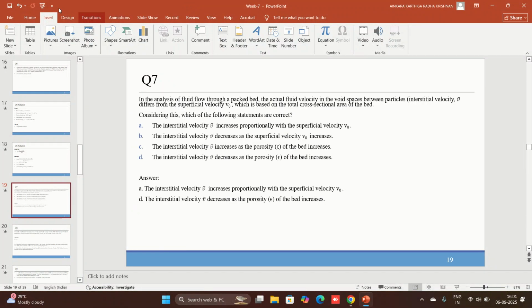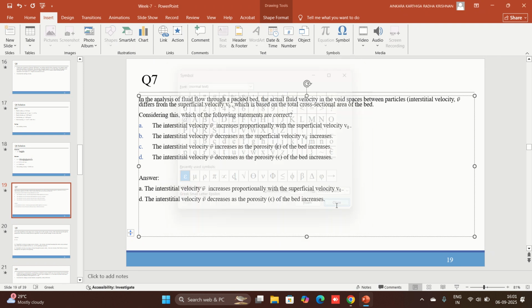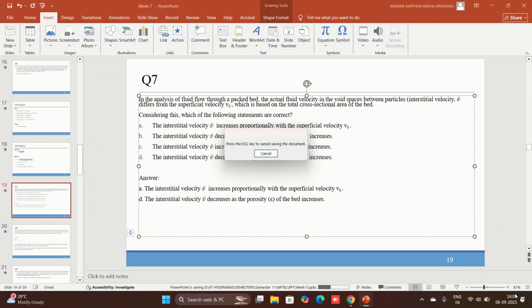I want to change this symbol to a normal epsilon, so a small epsilon, and that is for here. So time is 4:1.